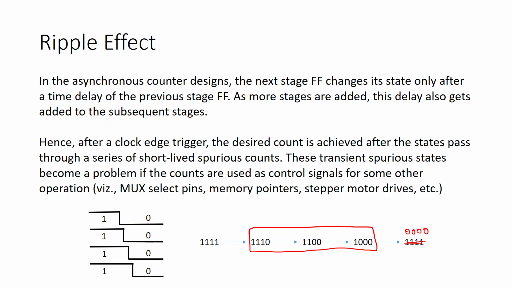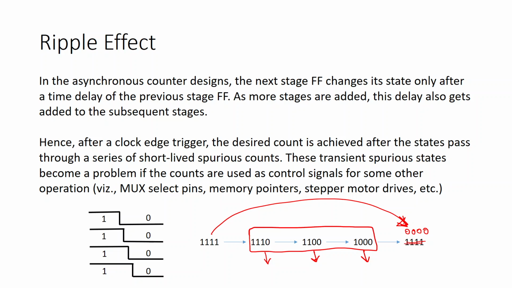So normally we count 1111, then 0000, but if these output signals are affecting some other circuit or system, then after 1111 we are expecting 0000 to affect the other system, but the other system is intermediately affected by these three spurious signals.